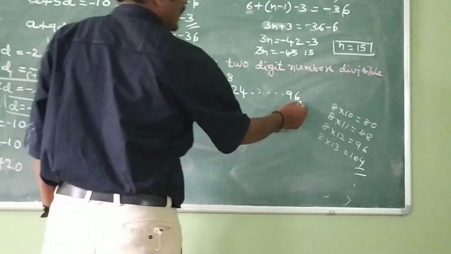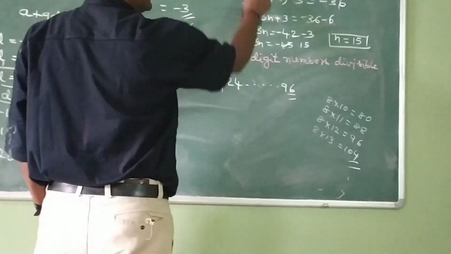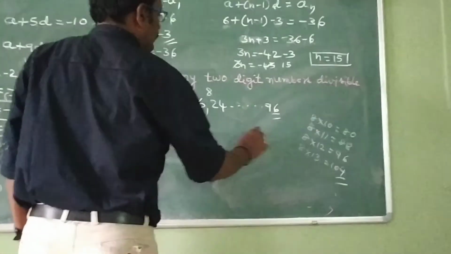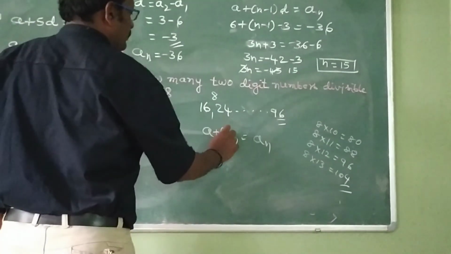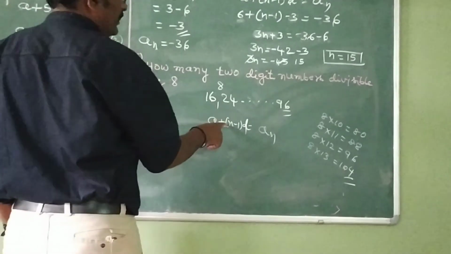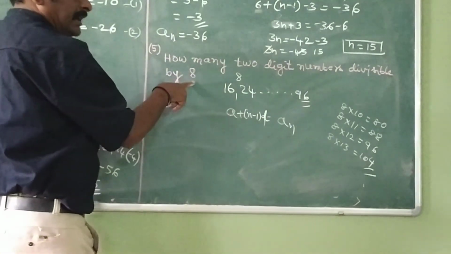Now, I have to find the nth term. Similarly, you use an is equal to a plus (n minus 1) into d. If you find n, that gives the count of such numbers divisible by 8.